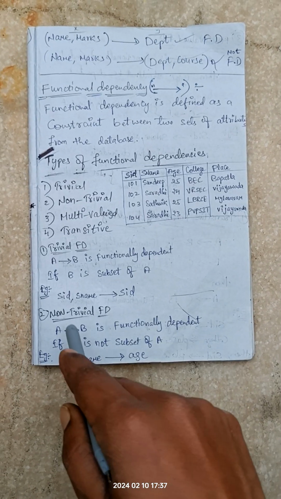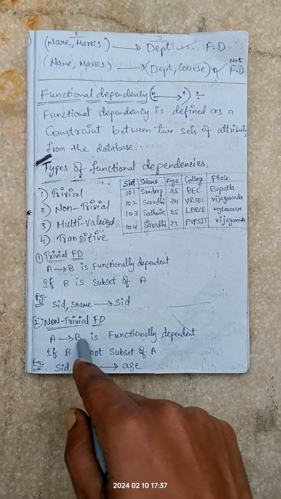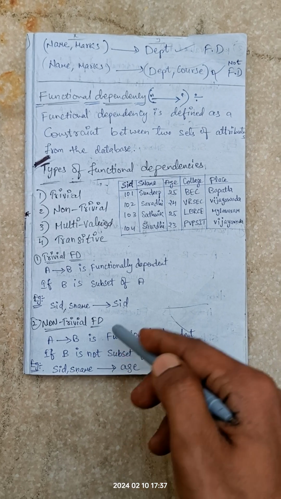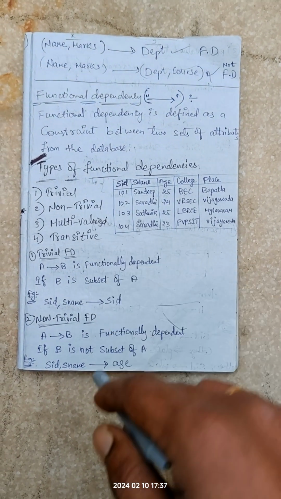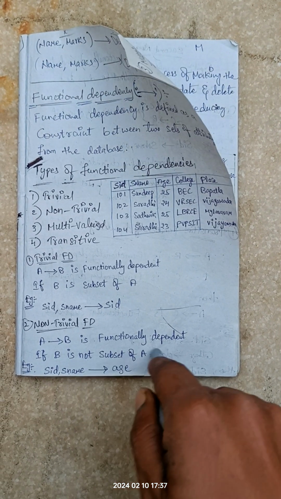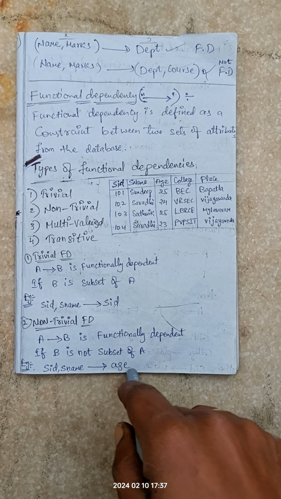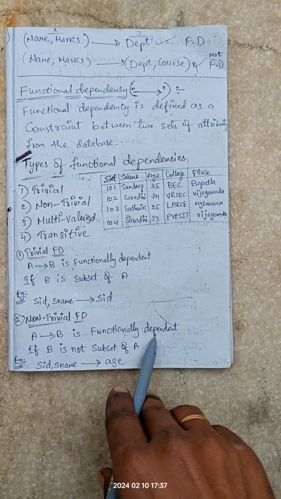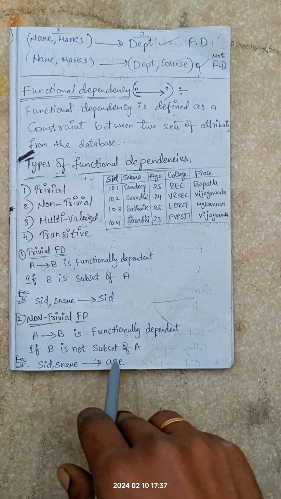Coming to non-trivial functional dependency: A tends to B is functionally dependent if B is not a subset of A. Non-trivial is opposite to trivial. See here, student id comma student name tends to age is functionally dependent.